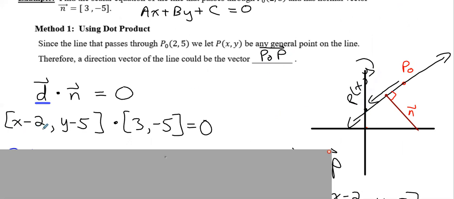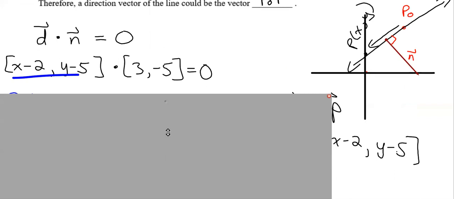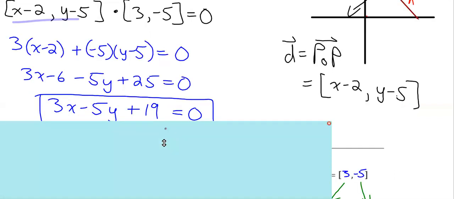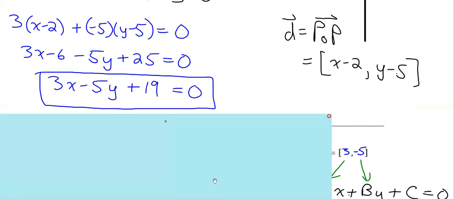And to get that to component form, we don't know the point P, so we take the x component, subtract the 2 from the original, and we don't know the y value for that general point, so we subtract 5. So that's basically just setting up a vector between those 2 points, and we get it in component form. Dotted with (3, -5) should be 0. That'll give us an algebraic expression that has the variables x and y, and that's all we were really looking for. And there's a scalar equation.